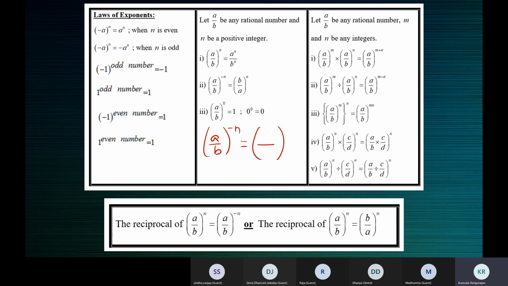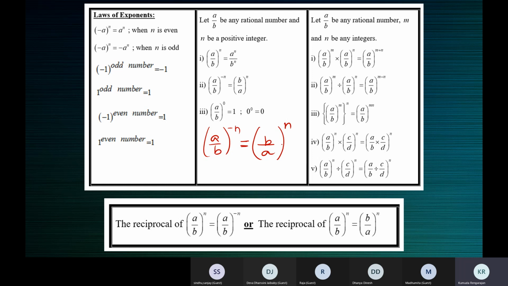When you want to write an equivalent of some expression raised to a negative power, what you have to do is take the reciprocal of the base. The two parts are base and power. The base is A by B. Take the reciprocal of the base, B by A, and write the negative of the power. So minus n becomes plus n.